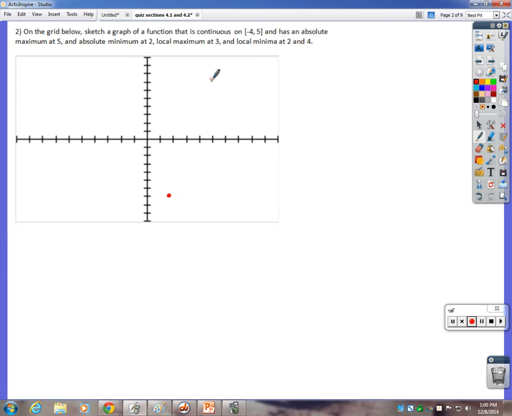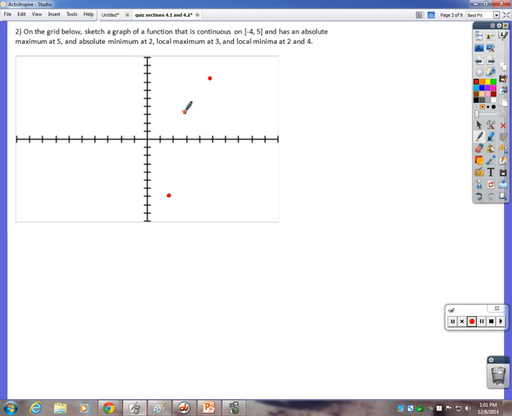So some sort of a maximum up here. A local maximum at 3. So there's some sort of a high point here, and then local minima, that's the plural of minimums, at 2 and 4.